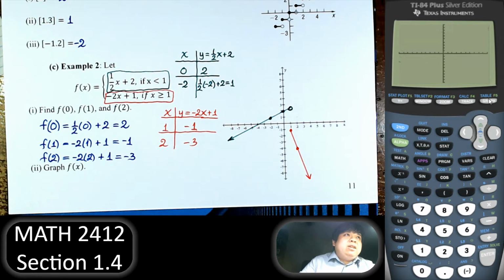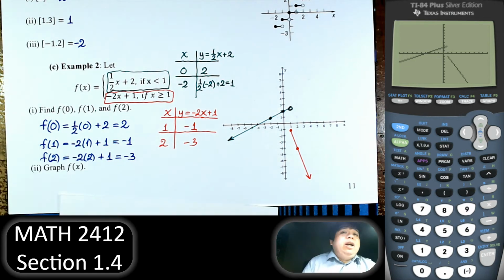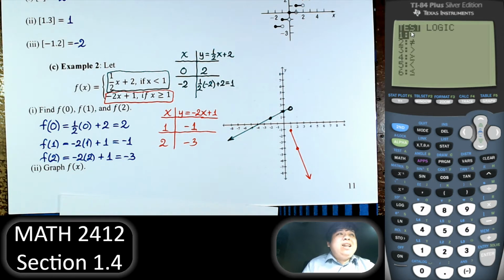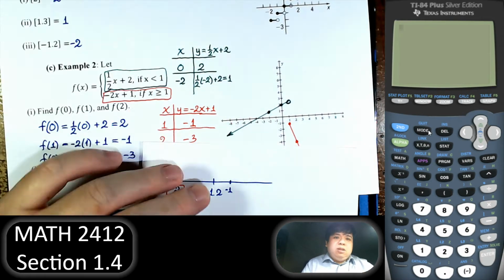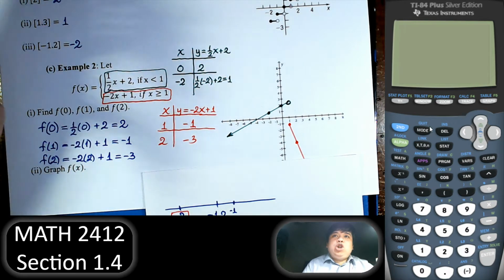Now when we graph it, we'll see the piecewise function. Now, why does it work? When we hit second test, you see test and logic. So what the math does here is logical math. Loosely speaking, it's just true and false.